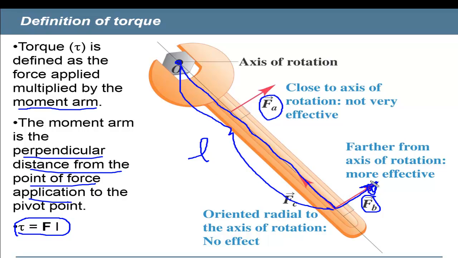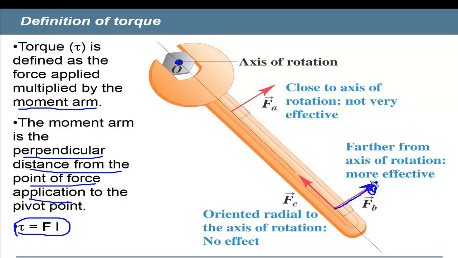Now, the force has to be perpendicular in order to cause rotation. Remember, it's a perpendicular acceleration that causes rotation, right? A radial acceleration simply causes acceleration this way, so a force in this direction wouldn't cause any rotation.